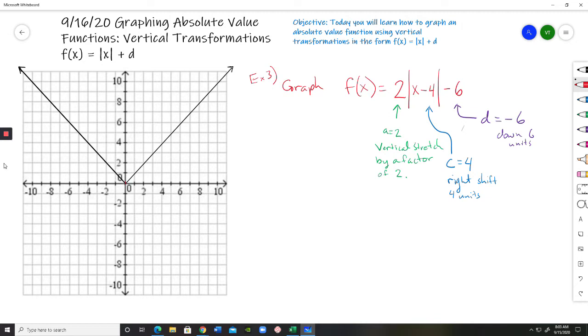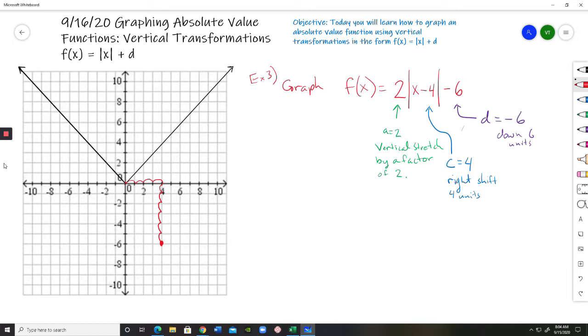We are going to move it to the right 4 units and down 6 units. So 1, 2, 3, 4 units to the right and down 6. 1, 2, 3, 4, 5, 6. This is our new vertex.